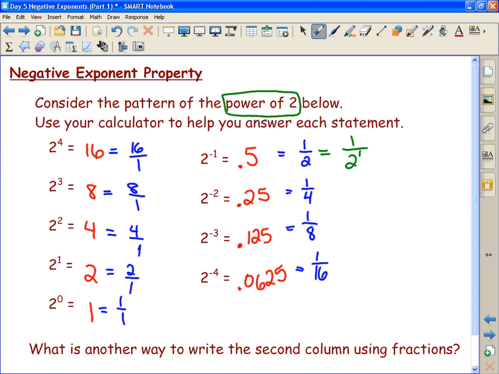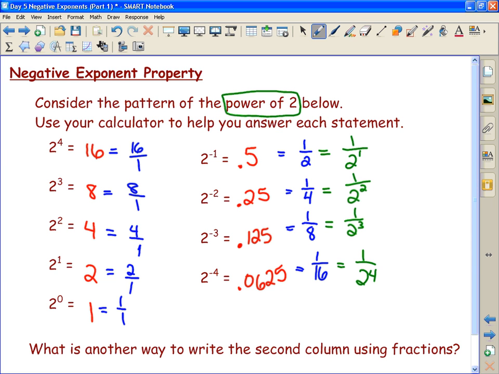I could write 1/4 as 1/2 to the second power, because 2 to the second power gives me a 4, and that would be the denominator again. 1/8, I could write that as 1/2 to the third power. And 1/16, I could write that as 1/2 to the fourth power.